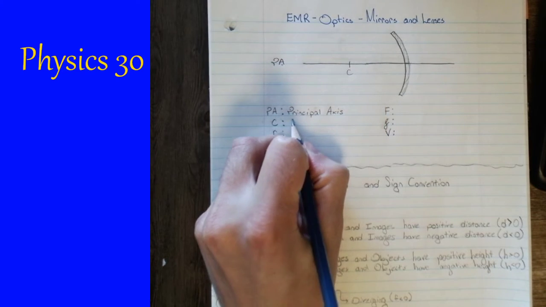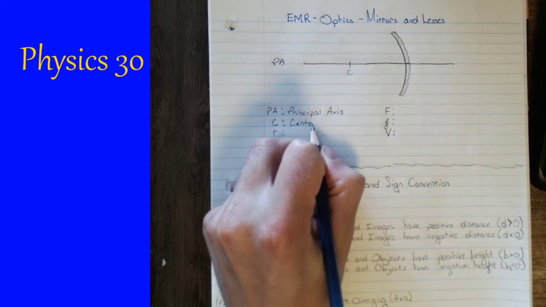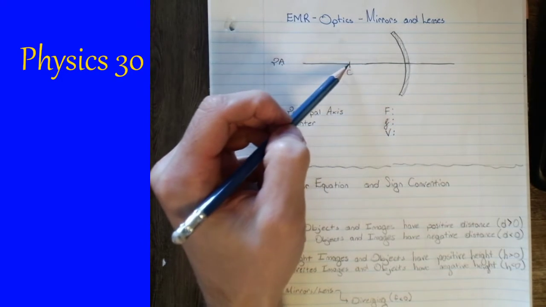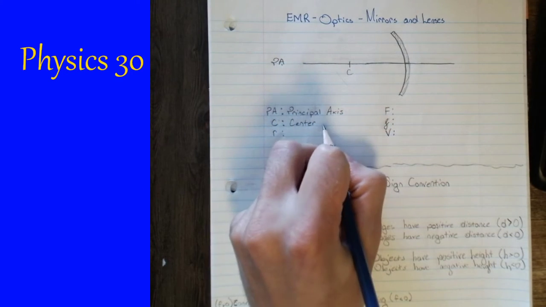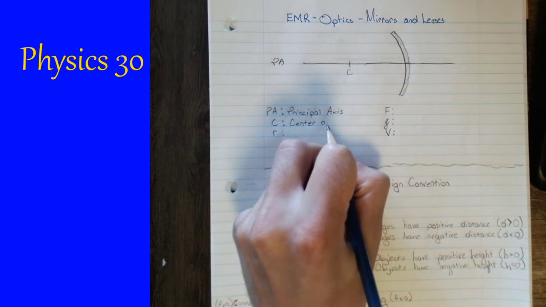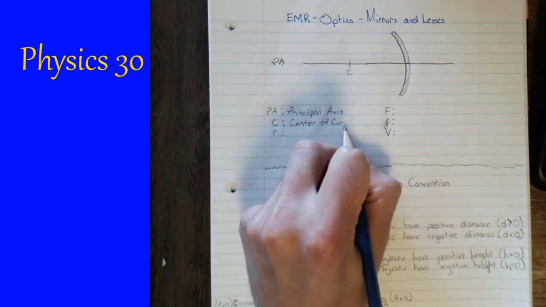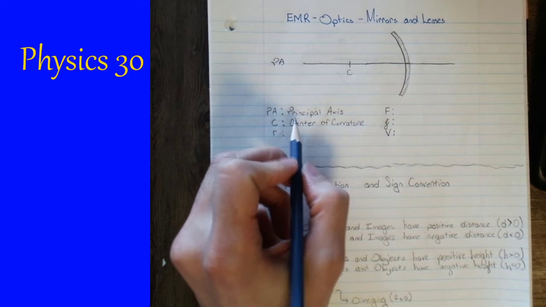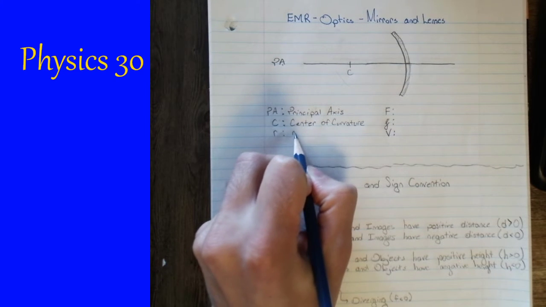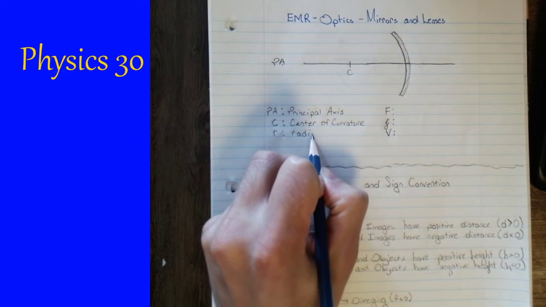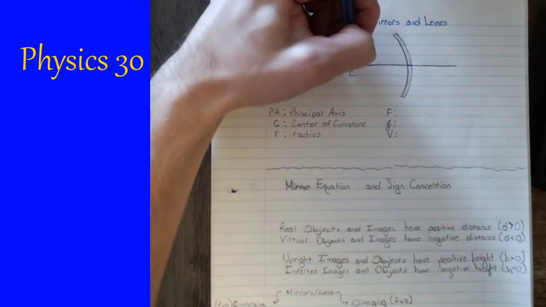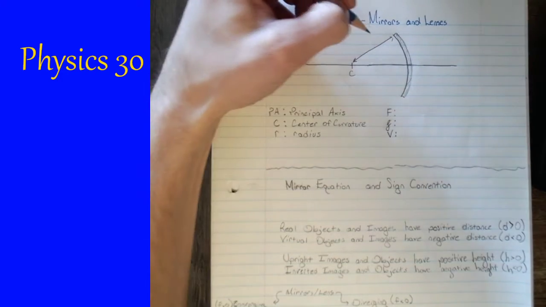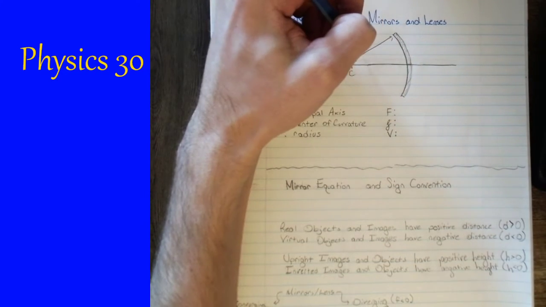So if we imagine the mirror to be not just a section, but a whole sphere, this may be where the center is. So center of curvature. And what goes with that is the R value or radius, which is the distance from the center to the mirror itself.